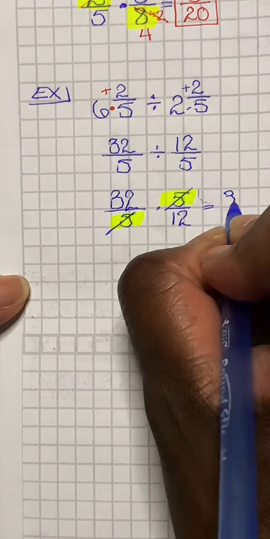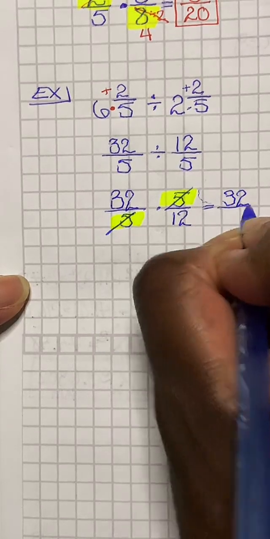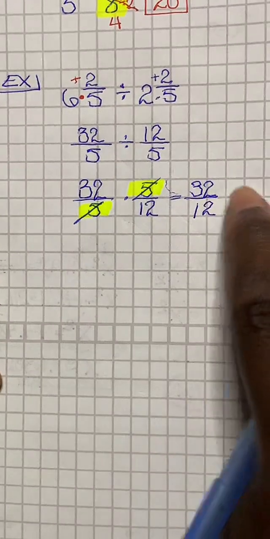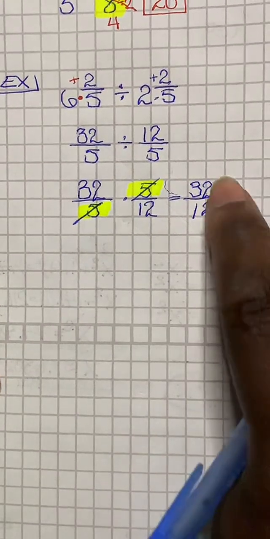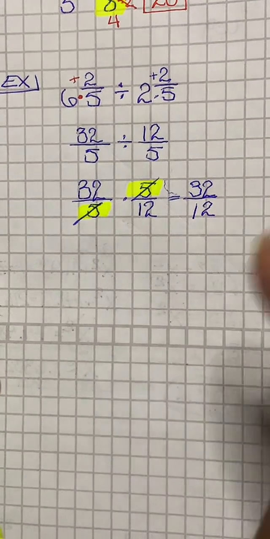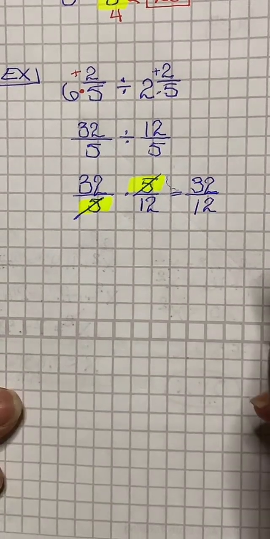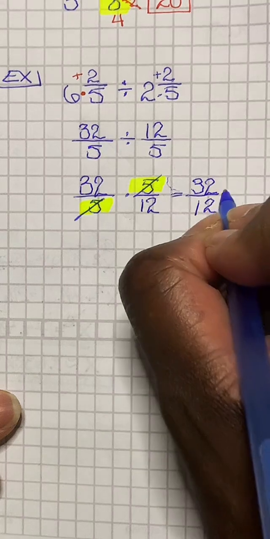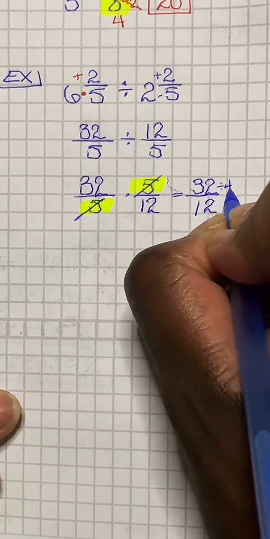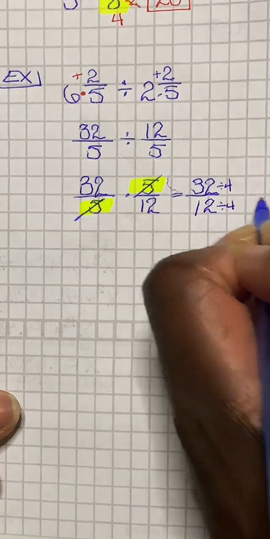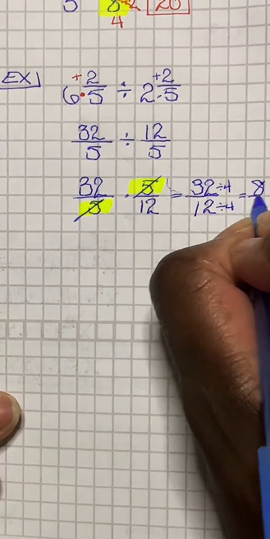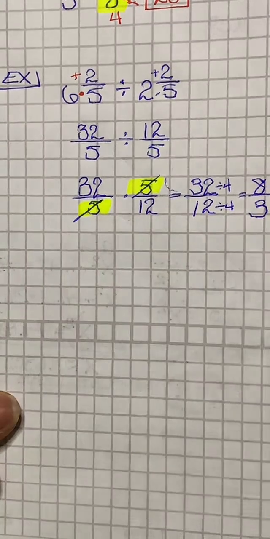Then we have our 32 twelfths. Since both of them are even, it could be reduced. If I reduce it by 4, I got my 8/3.